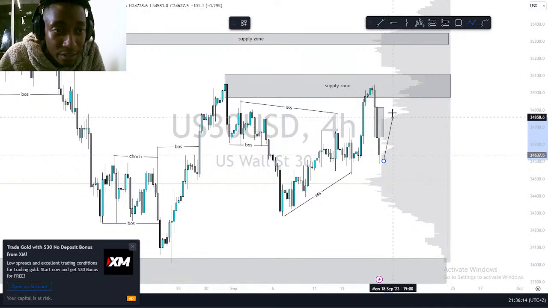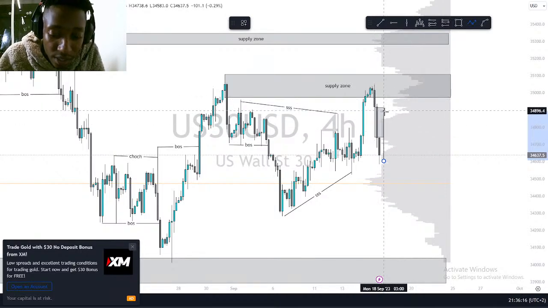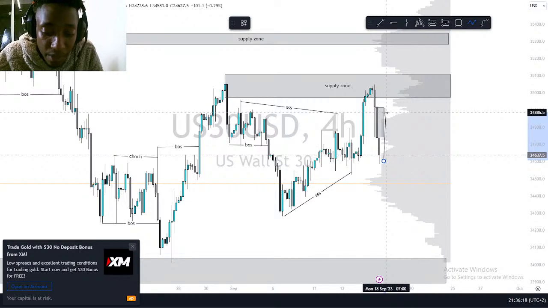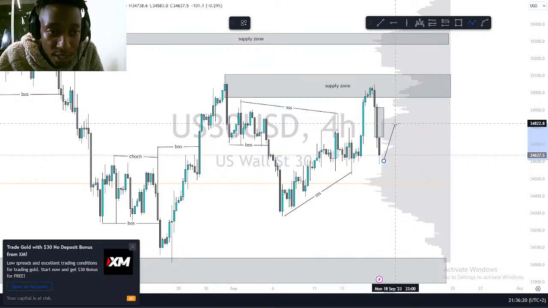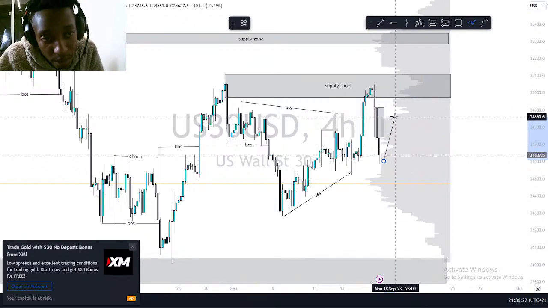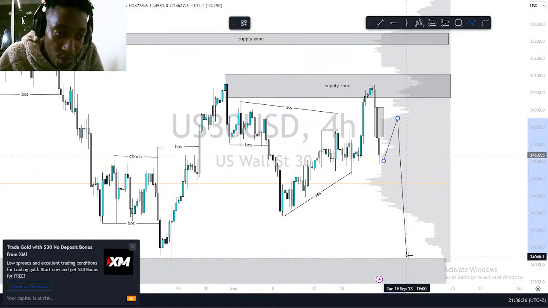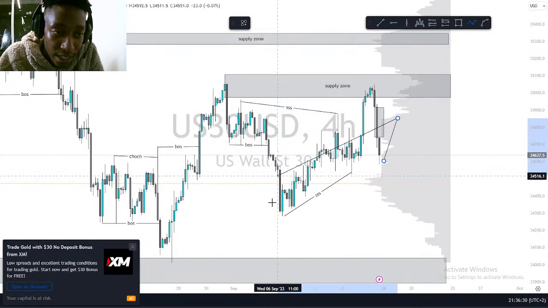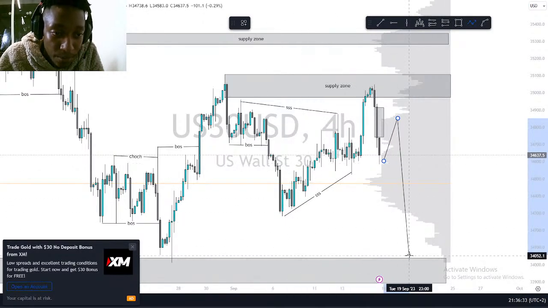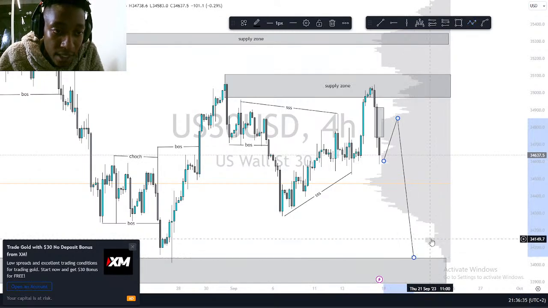That's an FVG, it's a gap. As you can see, the market created a gap there. So we are expecting the market to give us a pullback just to take out that gap, and then from there we're going to continue pushing to the downside, and we are targeting this liquidity area.